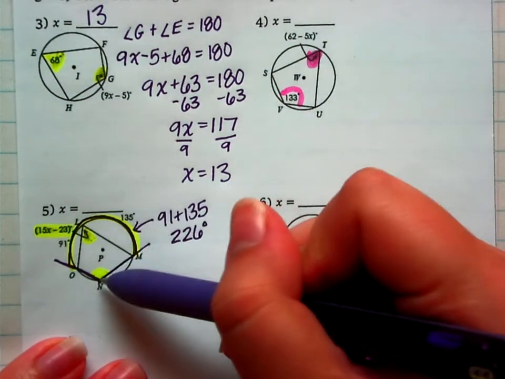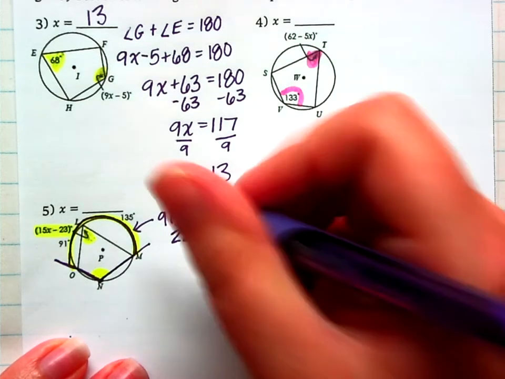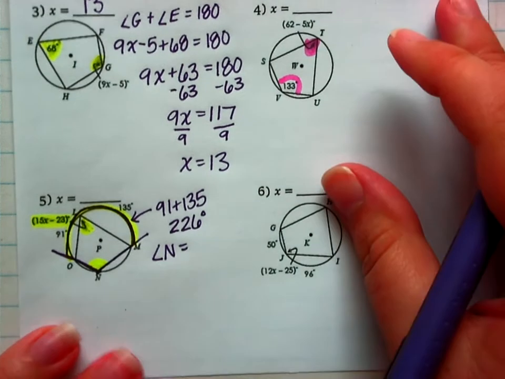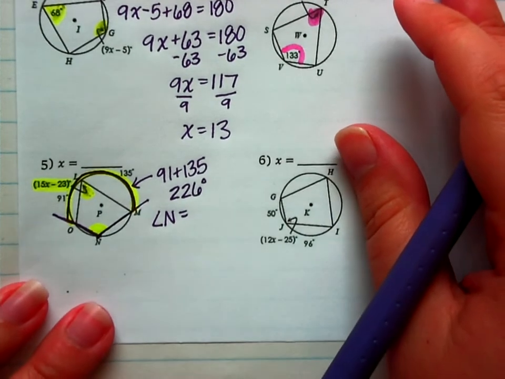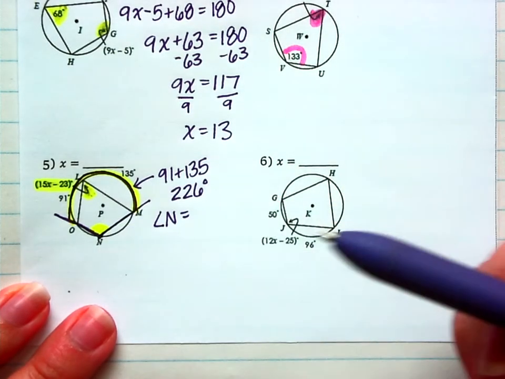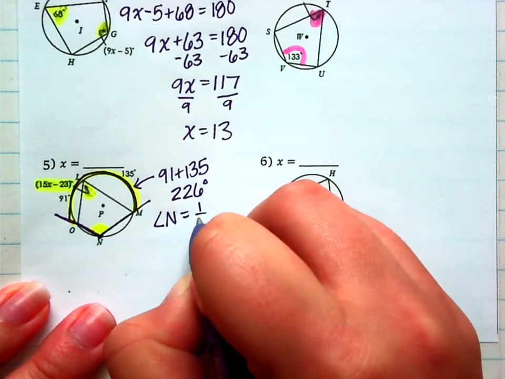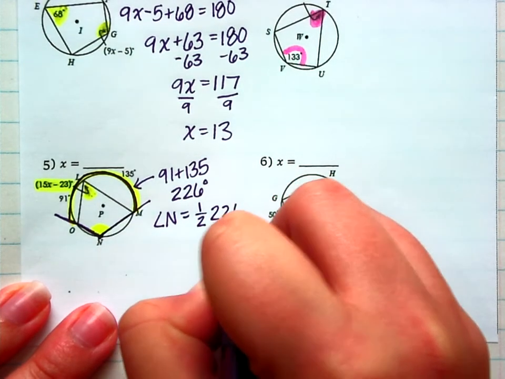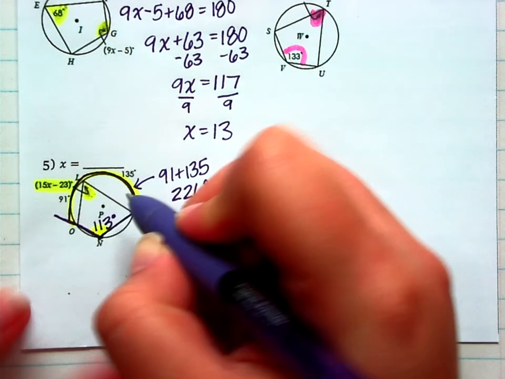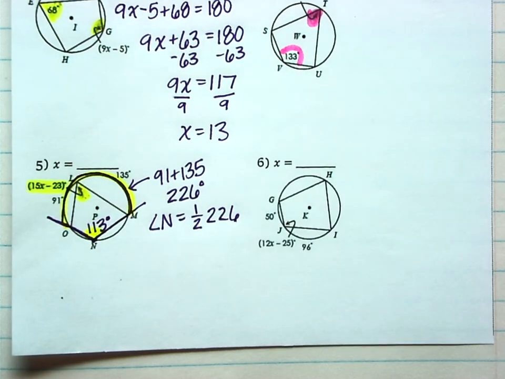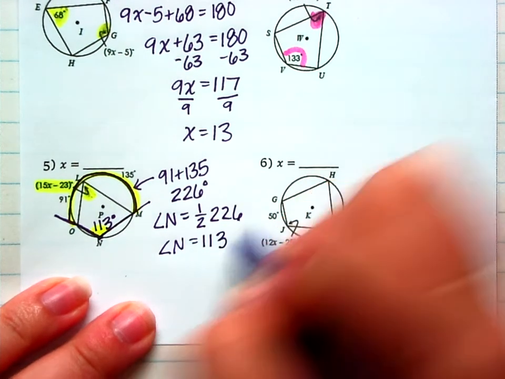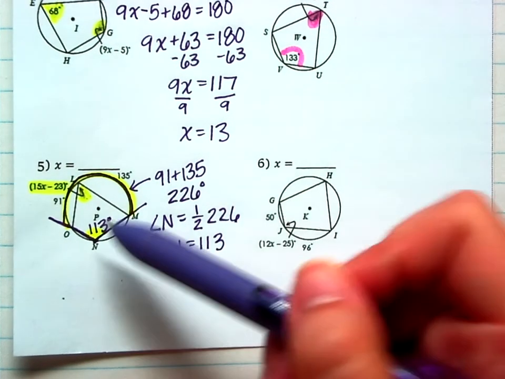What would that make the angle measure? Angle N equals, is it just 226? No, but it's an inscribed angle, so we need to do half of the arc measure. Half of 226. So angle N is 113.